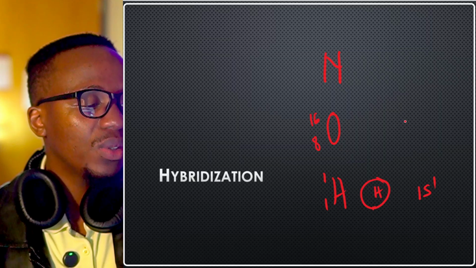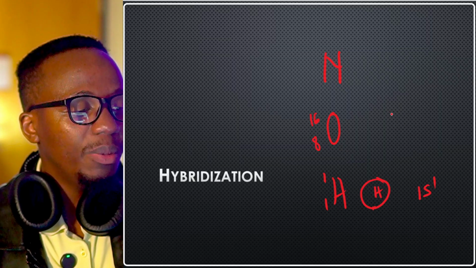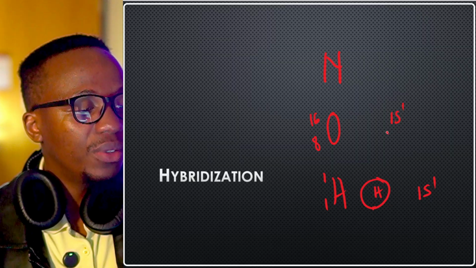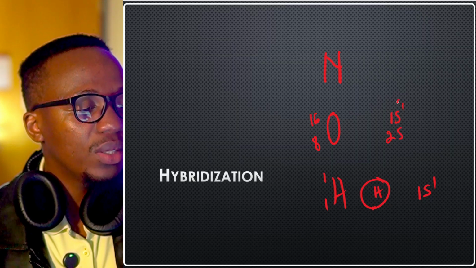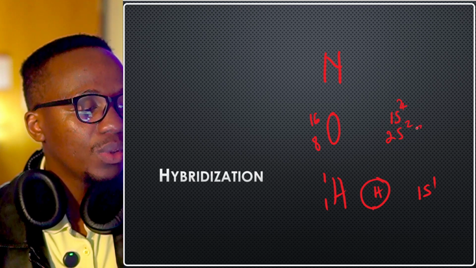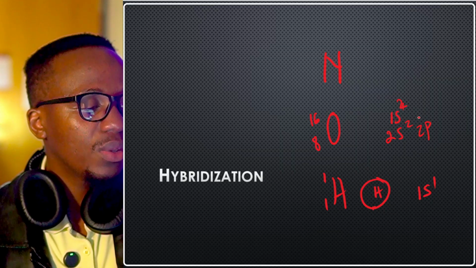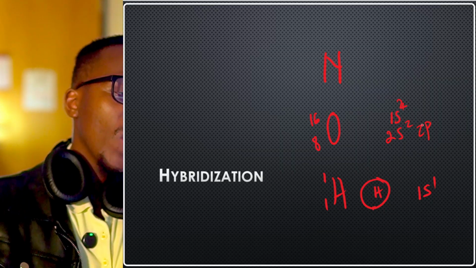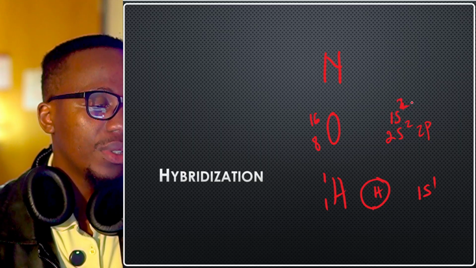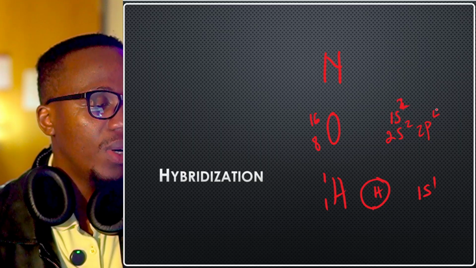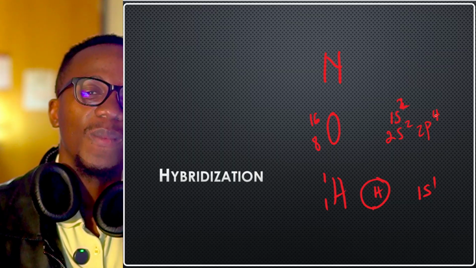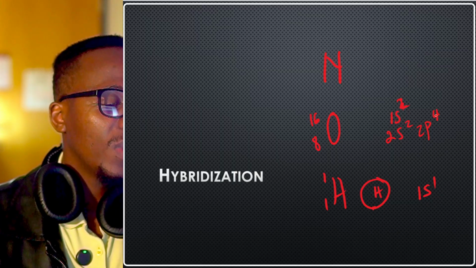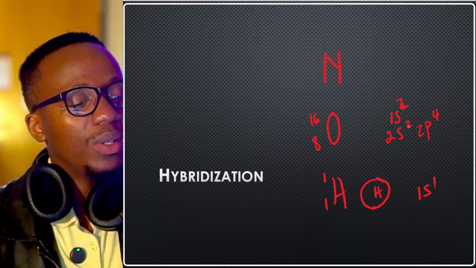It has 8 electrons. So the 8 electrons will be 1s2, because remember there are levels. s gets 2, and then 2s gets 2 here, 2p. So you have 4 electrons left. So you have to add 4 electrons here. You guys remember those? So these are s and p orbitals.